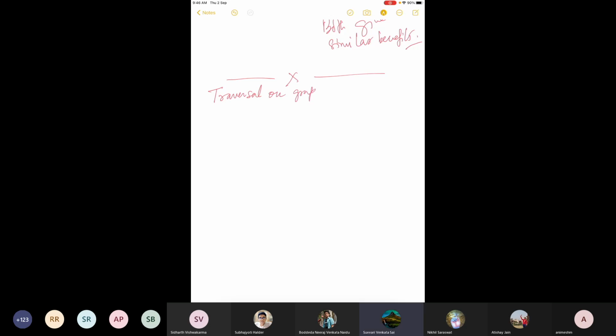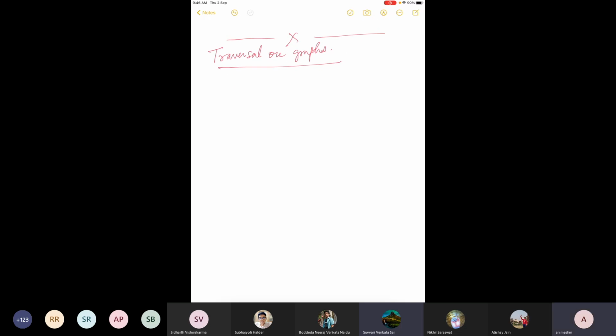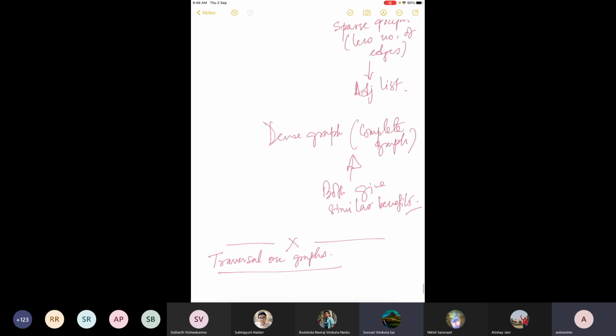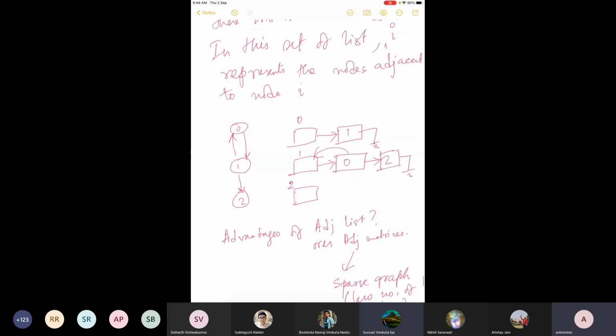Sir, go ahead. While representing the directed and undirected graphs, in a directed graph we have edges in both the directions. Then how can we differentiate the undirected and directed graph? Yes.